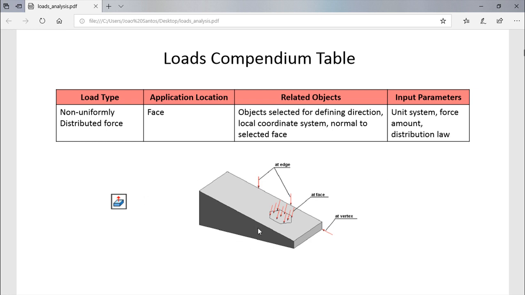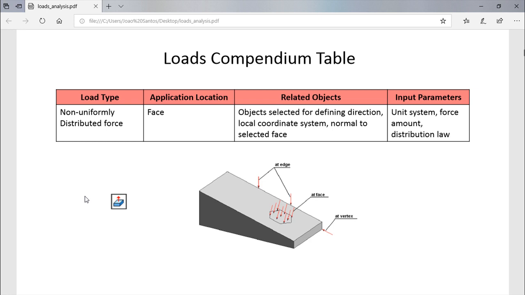Just a brief note that I've inserted an image that tries to exemplify the type of load that we are talking about, and the corresponding icon where we can apply that particular or specific load.